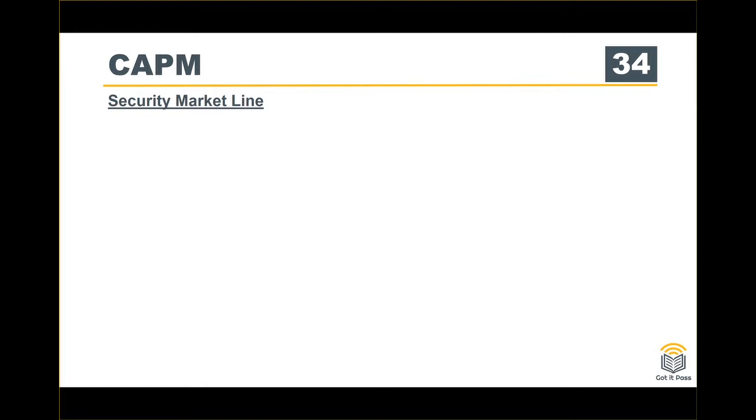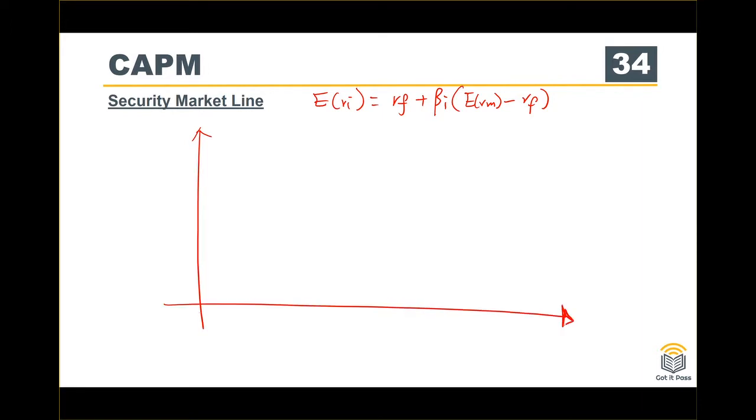For the security market line, still remember the formula. Security market line means a line showing all expected returns based on different beta levels. Here is return.